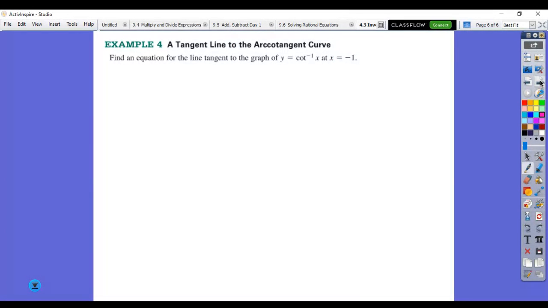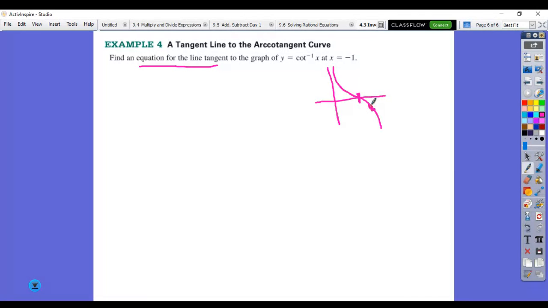All right, the last one, we want the equation for the tangent line, so we need a point and a slope. Let's start with the point. Think about, first of all, what does cotangent look like? It's important that we remember the restricted values. Cotangent looks like this, crosses at 0 at pi over 2. So where is it negative 1?